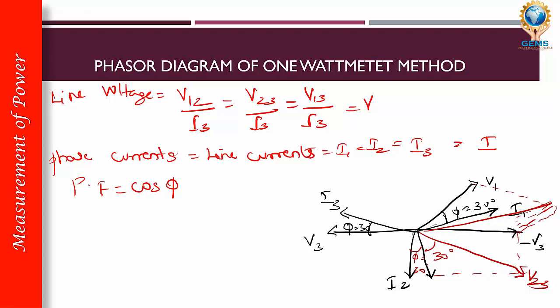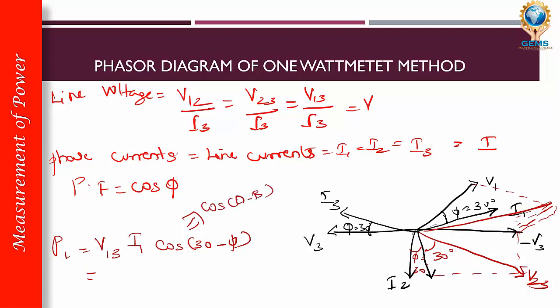The current lags the voltage by an angle of 5. So we can write P1 is equal to V13 I1 cos (30 minus 5). So this is cos(A minus B). What is cos(A minus B)?